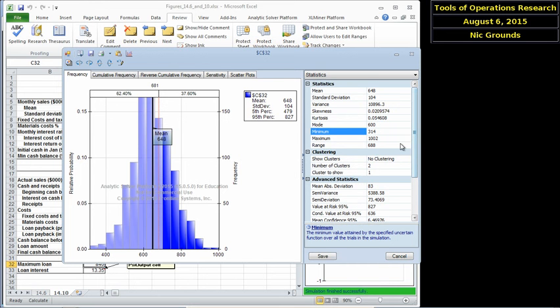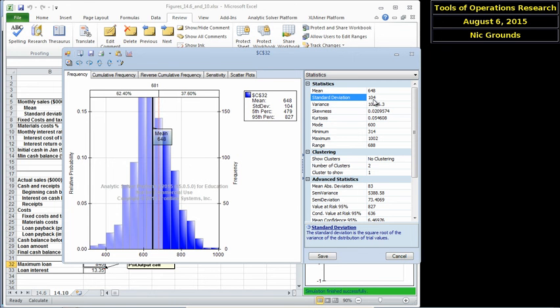Okay, at most, what I would ask you in this class is about this first statistic, the mean, which is the average objective function value. That is, there was a 50% chance we needed a maximum loan of 648 or less, a 50% chance we needed that or more. So it's just the value in the middle, the one that has an equal chance of being less or bigger in all the scenarios.